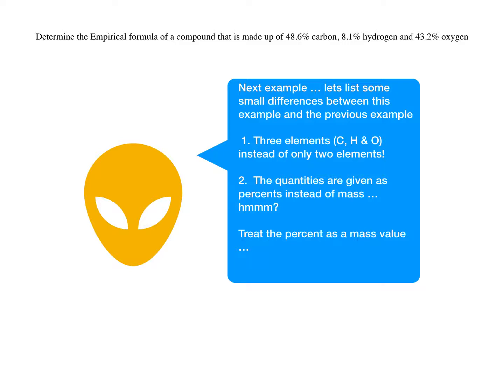So we will simply treat those percentages as the mass of each of the individual elements. As an example, 48.6% carbon we will use as 48.6 grams of carbon.